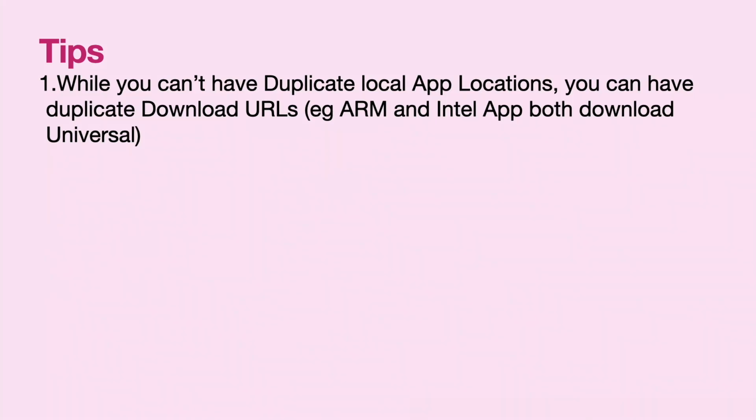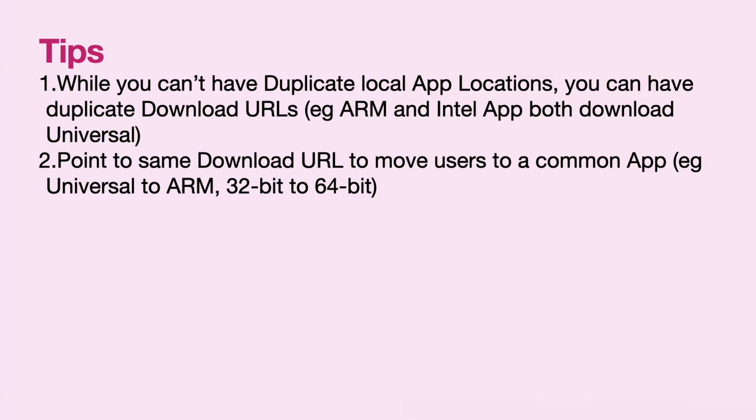So the original Zojo exe or Zojo app file can't be in two locations, but where they point to, what you download, can be the same. So then over time, what that may allow you to do is move people from one platform to another.